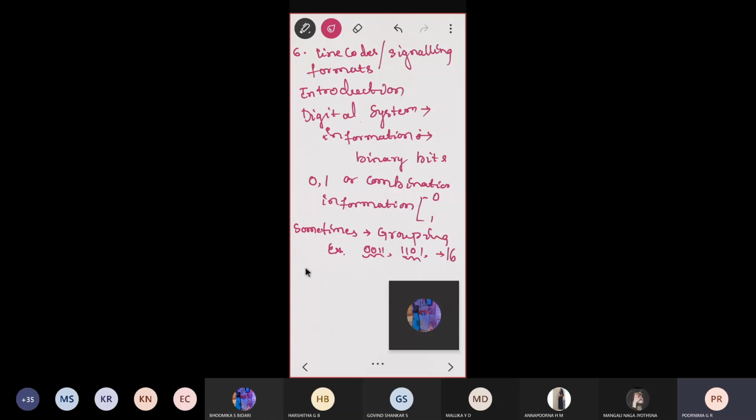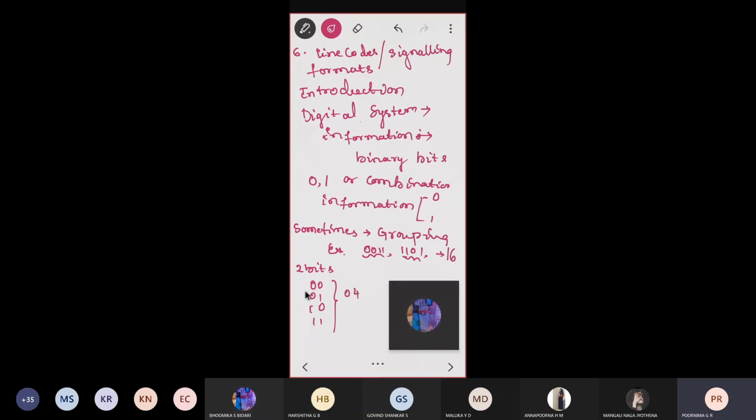16 combinations. Say for example, if I take 2 bits together to group, 0 0, 0 1, 1 0, 1 1, how many combinations am I getting? 4 combinations.